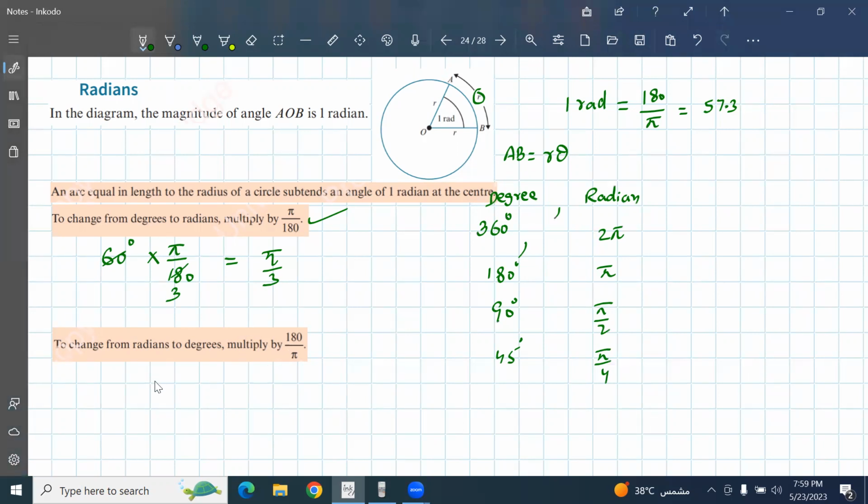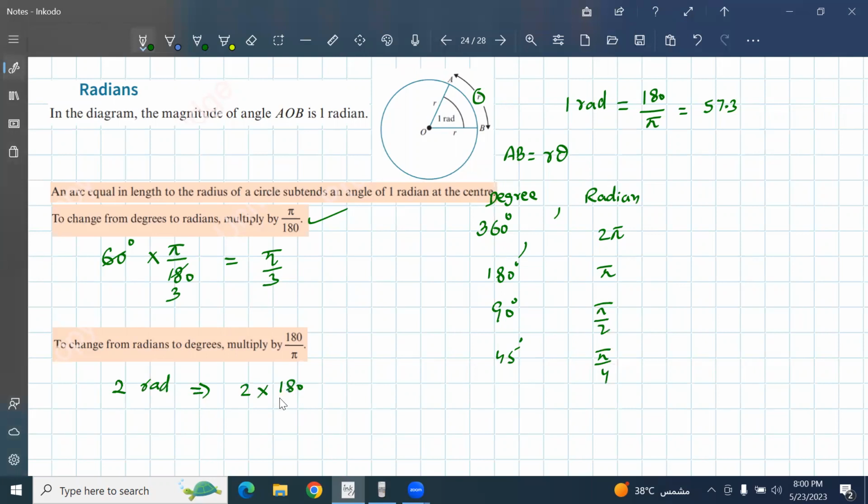Let's suppose we have 30, we already changed one. Now let's suppose we have a value in radian, say 2 radian. Convert 2 radian into degree.